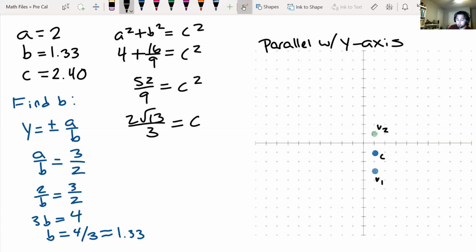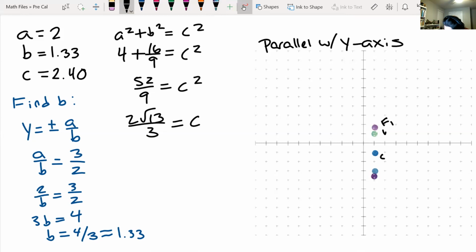Now you know a, b, and c, so let's go ahead and plot them all. I go up 2.4, 1, 2, and then 0.4. Same thing here, 1, 2, and then the 0.4.